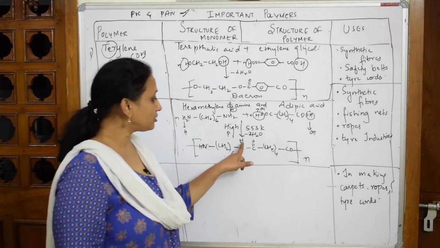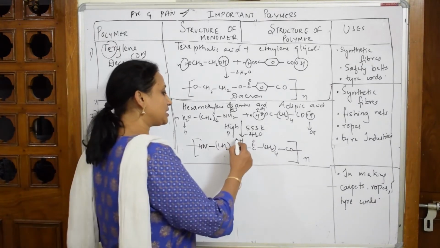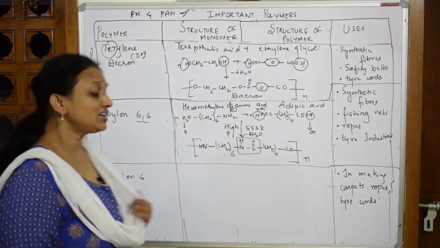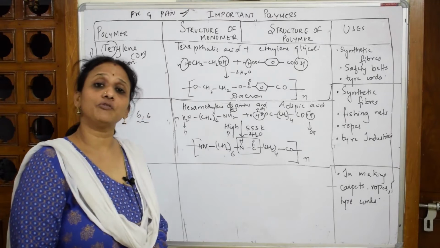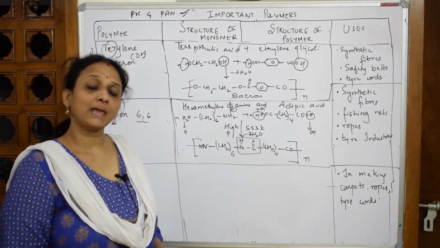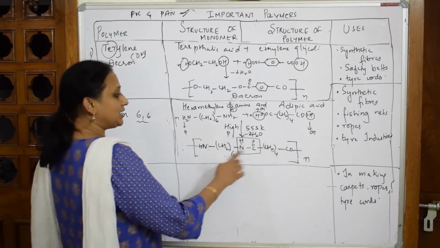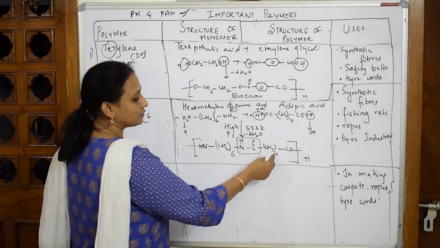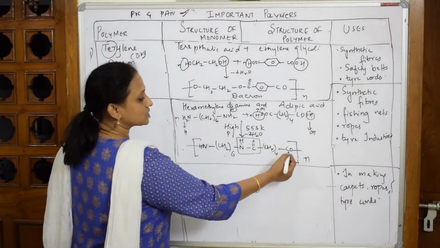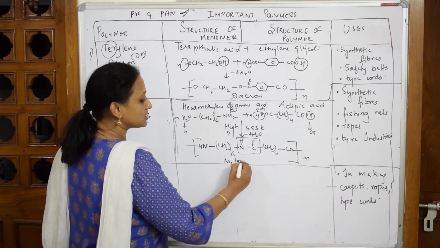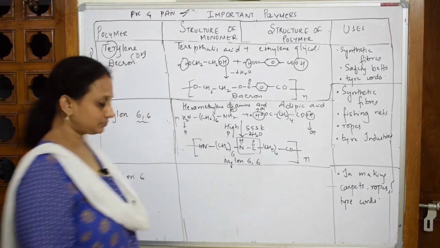There is a formation of an amide group in between. Look here. NHCO is an amide group. That's why nylon 6,6 comes under the category of polyamides. They'll ask you, write an example of polyamides, then you'll write this example. So this is nylon 6,6 because 6 and 4, 5, 6. So see here, there are 6 carbon atoms here, 6 carbon atoms. So this is nylon 6,6. Done.